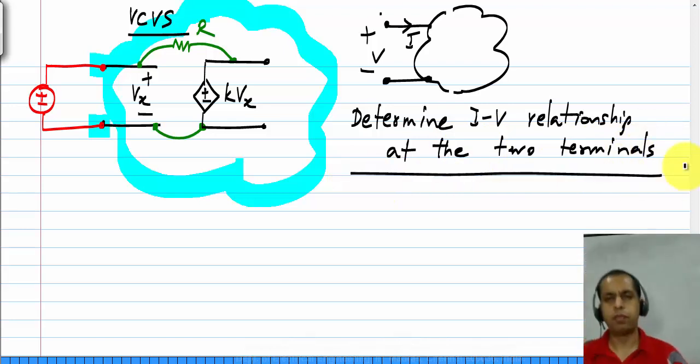So that's what is meant by finding the equivalent behavior or finding the equivalent circuit and so on.